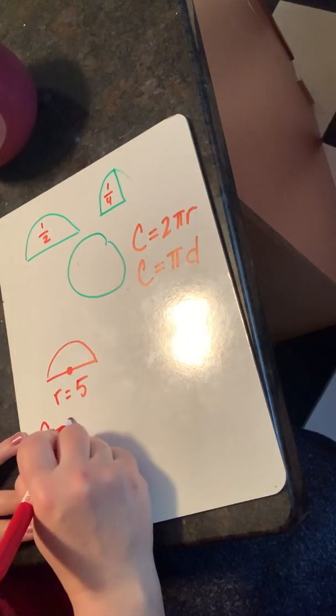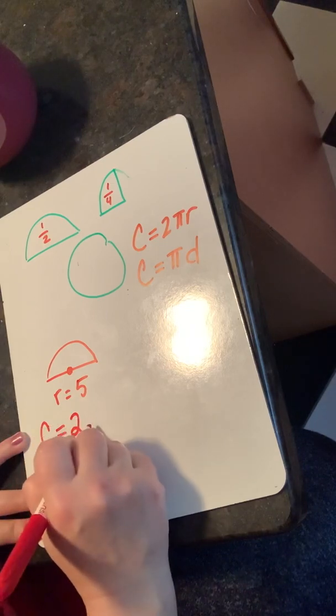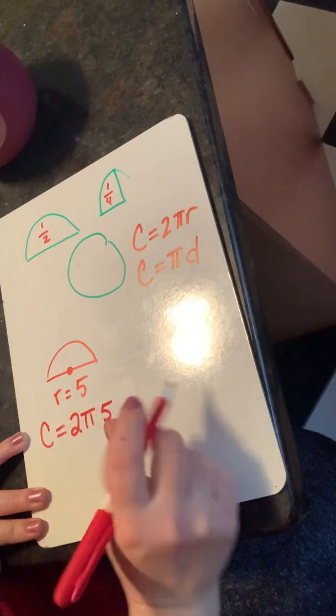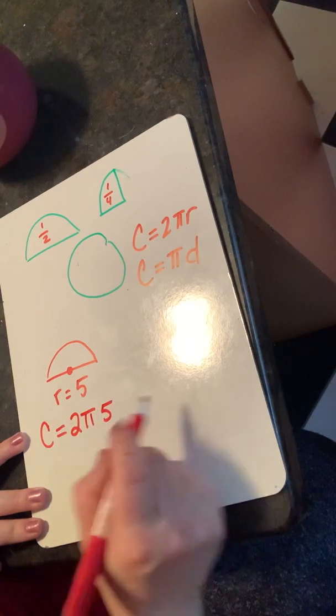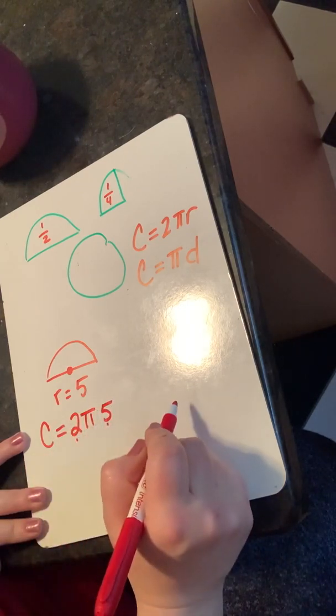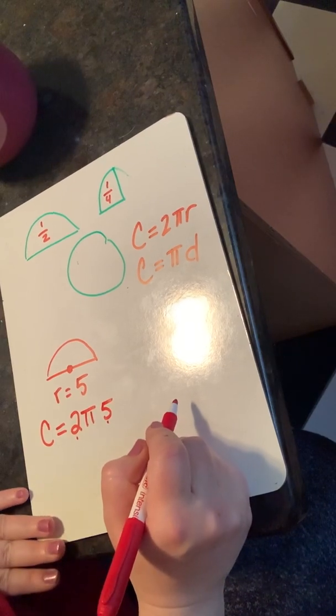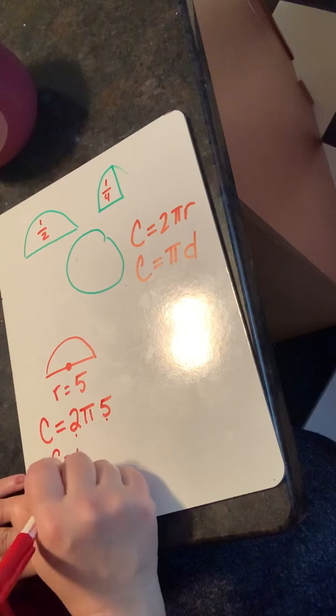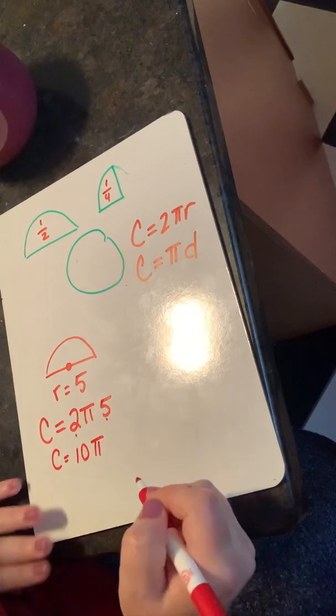I plug in my numbers: circumference equals 2 pi r, and I'm going to substitute 5 for r. I'm going to combine my two numbers because in multiplication, I can do them in any order. 2 times 5 equals 10, 10 pi.